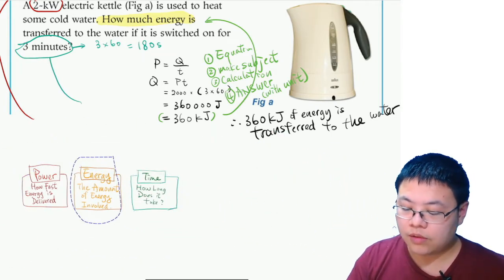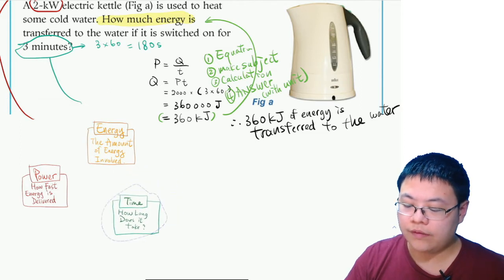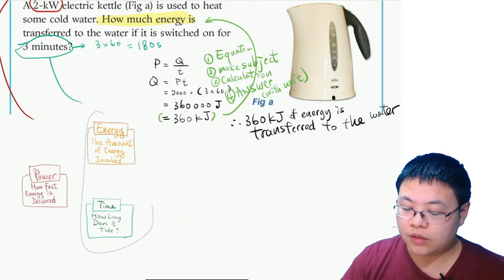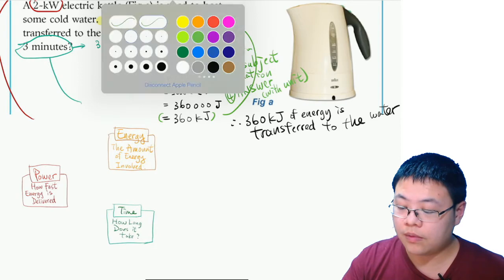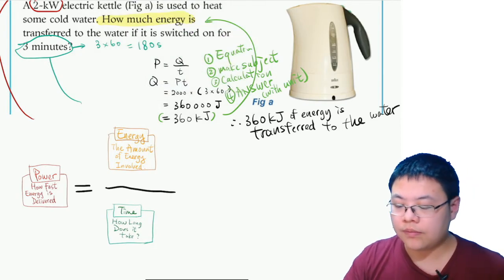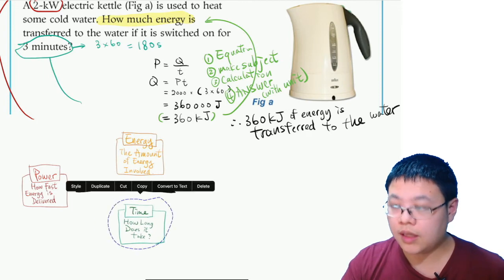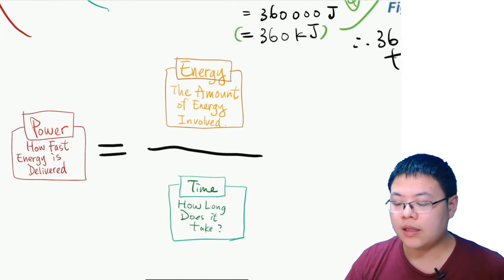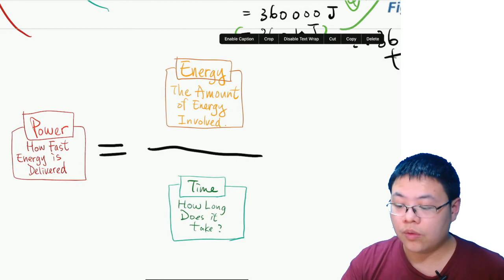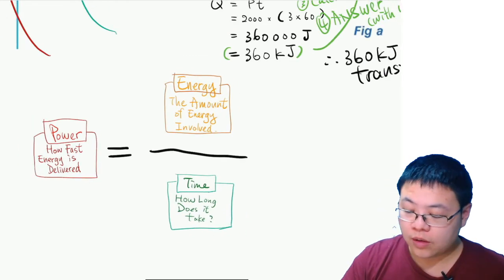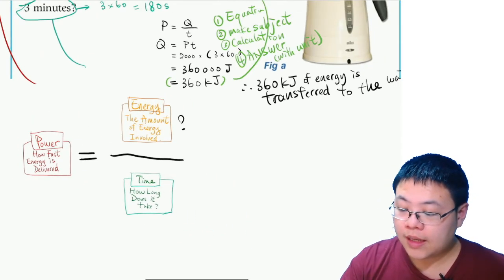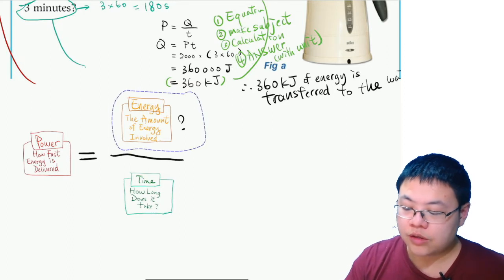Power is equal to energy divided by time. Okay, so if I rearrange them like this, you have a clear picture of what is going on. So when you are asked what is the energy, you rearrange that.